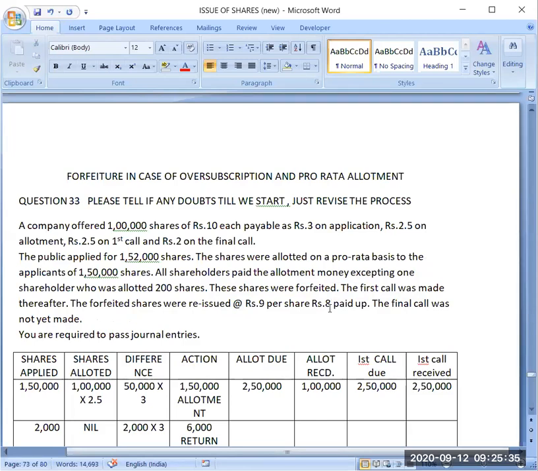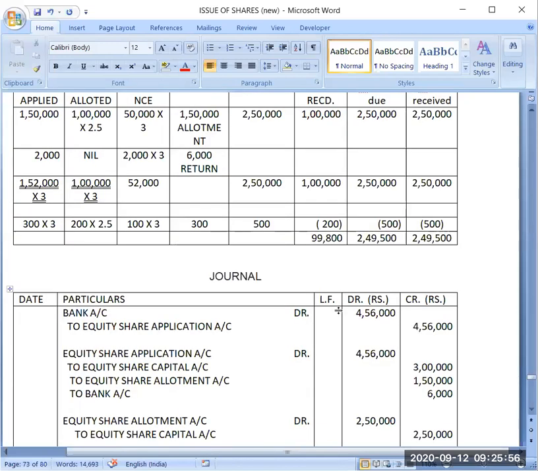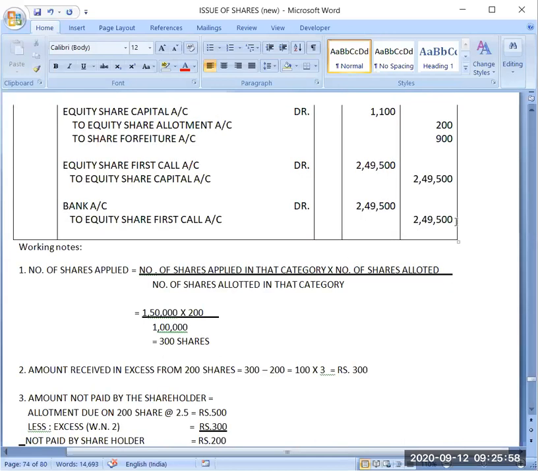So that's why we are issuing at premium. If I am charging rupees 9, but I will assume that you have paid me rupees 8, it is a premium, obviously. So now we will do the reissue entry.